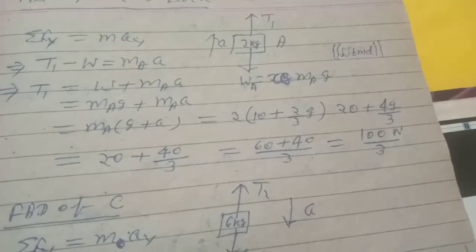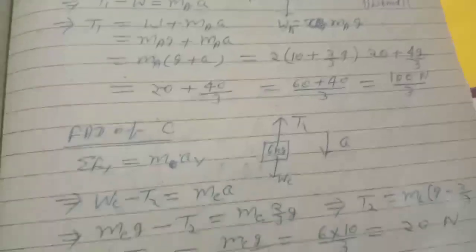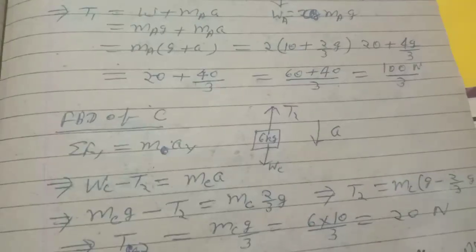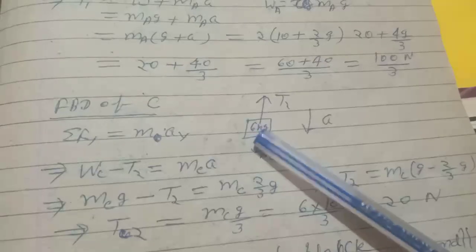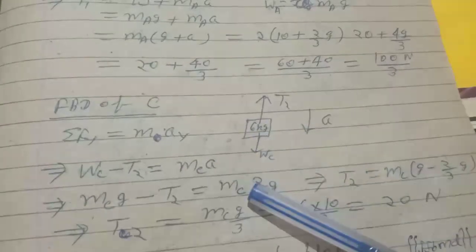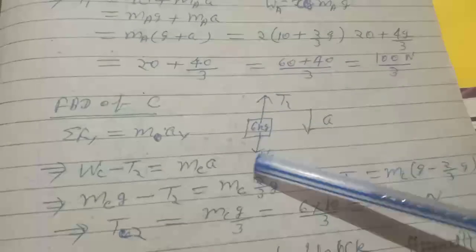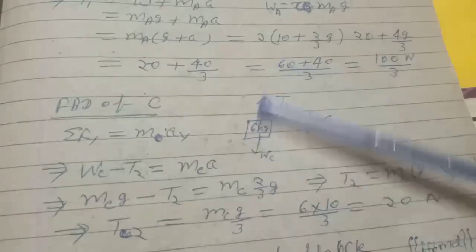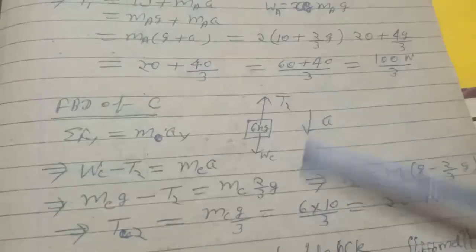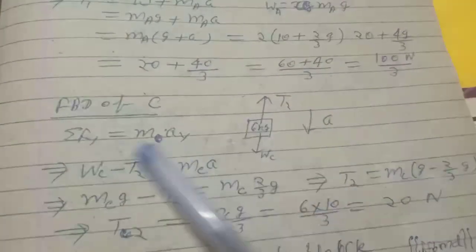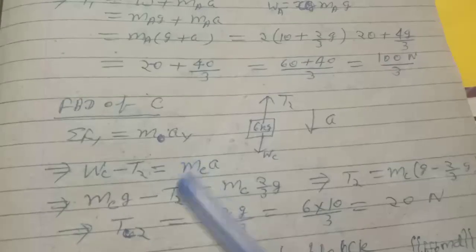Now consider the free body diagram of body C. Body C is of 6 kg, so the weight is in this direction, and the tension in the second string is in this direction, but the acceleration is in this direction. We can write sigma Fy equals mass into acceleration.